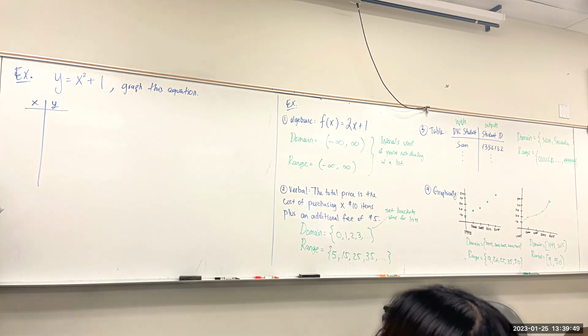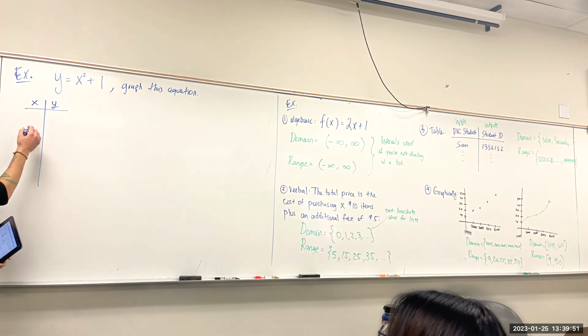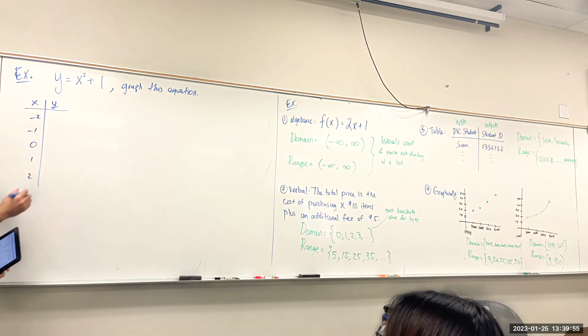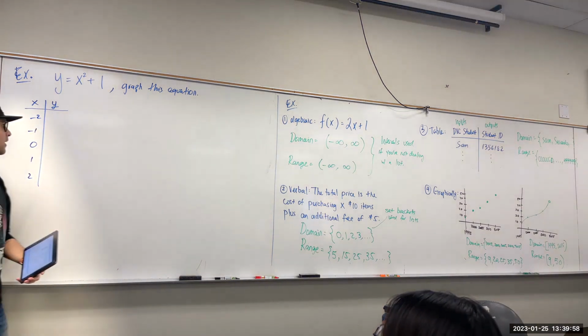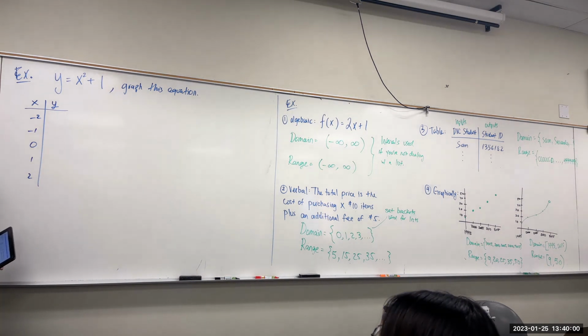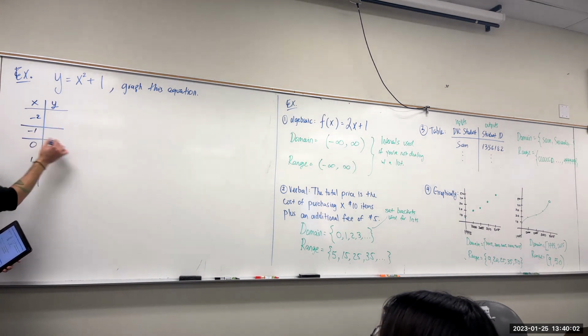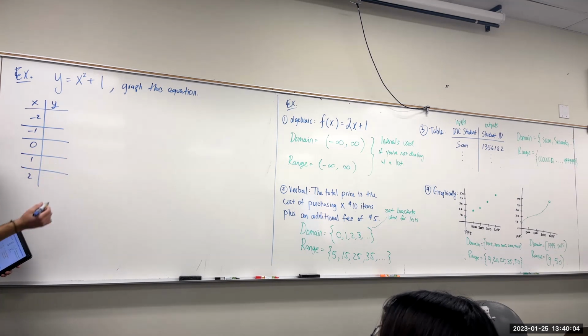So let's pick 0, -1, -2, 1 and 2, kind of in the center. You probably did this in your past math class, so it's a little review.